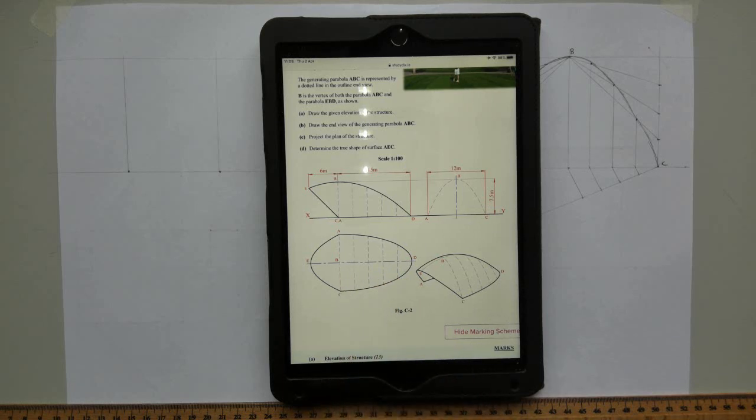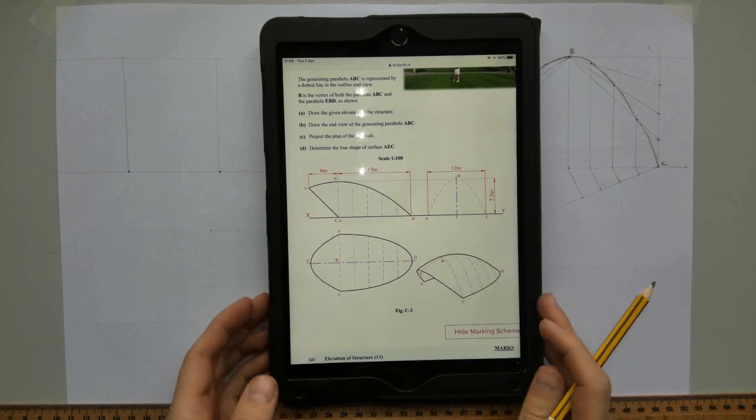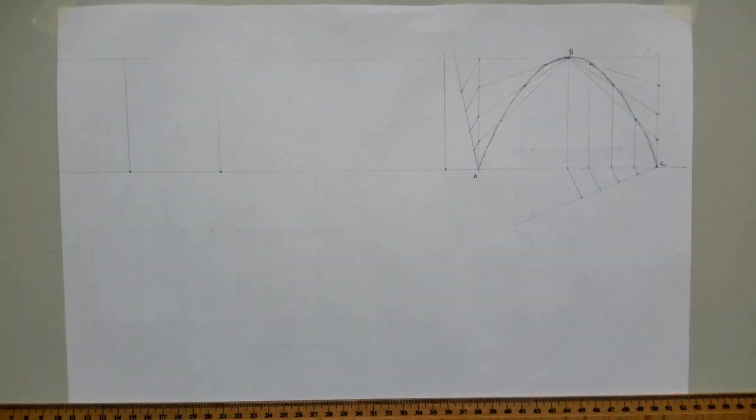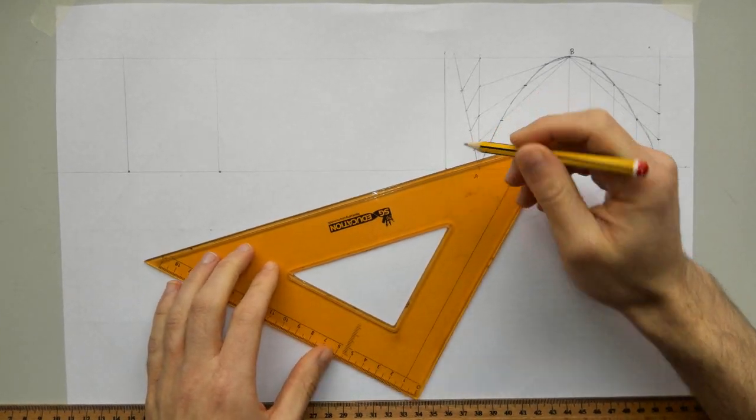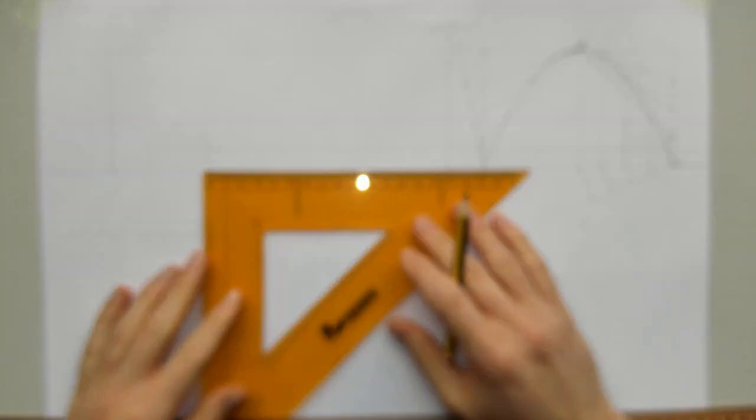So we divide into 5. We're told it's 150, so divided into 5, we can just go 30mm gaps in between.